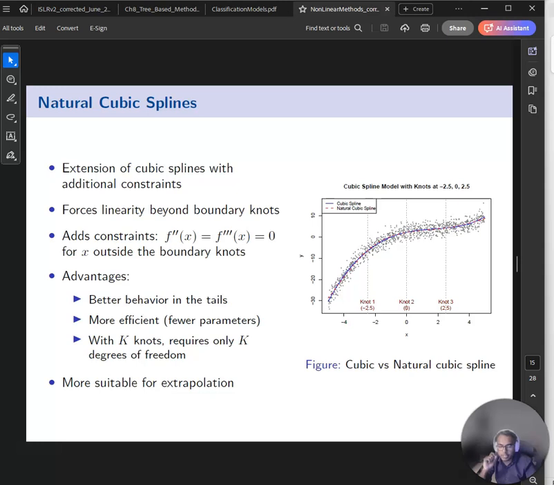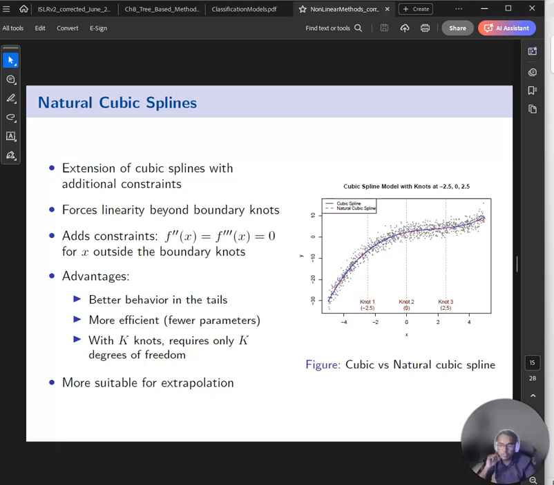These added constraints serve two purposes. First, they produce more stable estimates at the edge of our data range. Second, they reduce the total number of parameters needed. With k knots, the natural cubic spline requires only k degrees of freedom compared to k plus 4 for regular cubic splines.